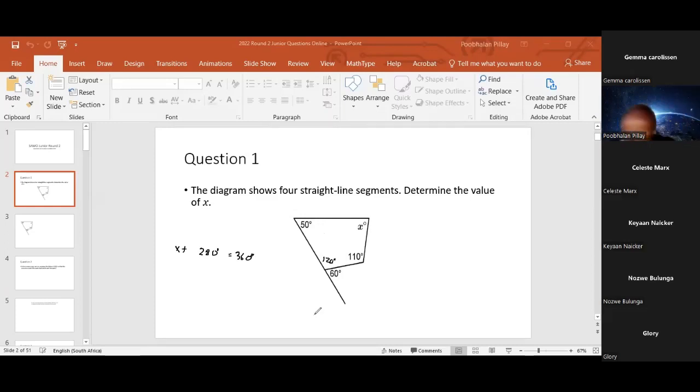So that gives you x equal to 80 degrees. One of the big things about problem solving is getting an equation. And here the equation is very clear, right? The sum of the angles of a quadrilateral is 360 degrees. So the answer to the first problem is 80 degrees.